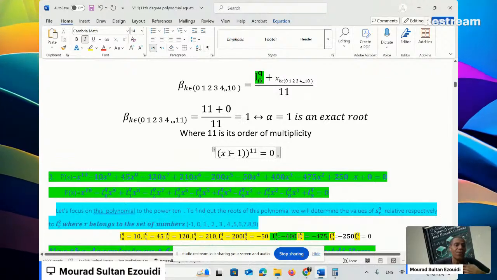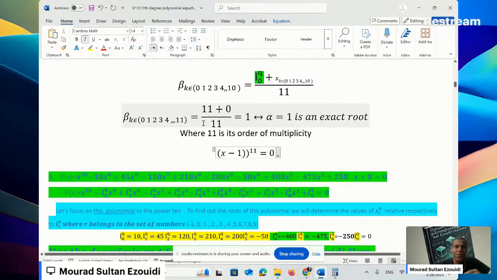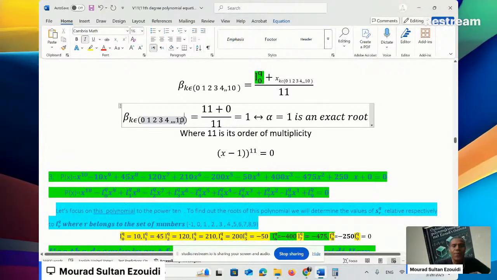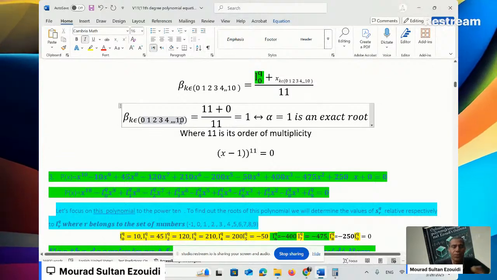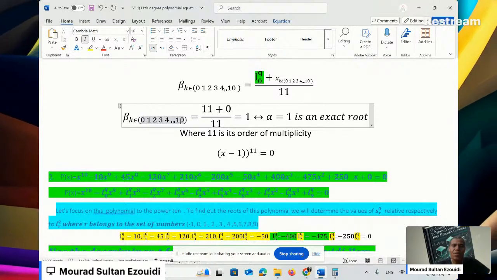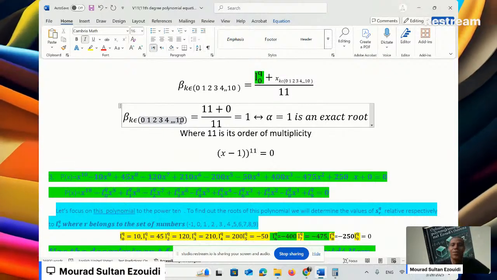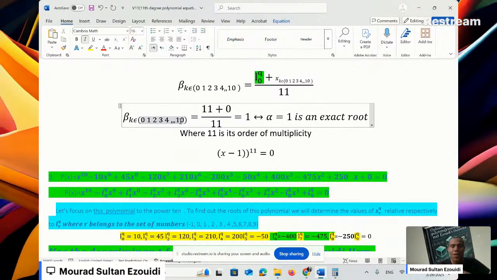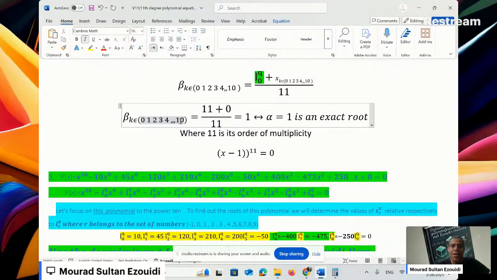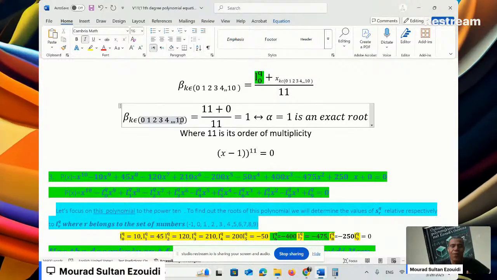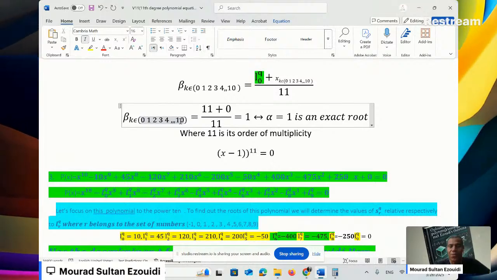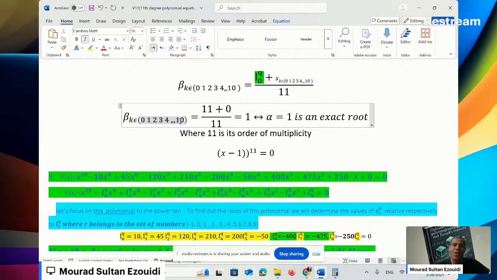You can see that when you are working with an nth degree polynomial equation, where m is its order of multiplicity, you are going to write your equation as x minus alpha all raised to the power m. To find the new nth degree equation, the coefficients of your equation, all of them are equal to 0 except the leading one, which by convention is equal to 1, using the discrete formula.